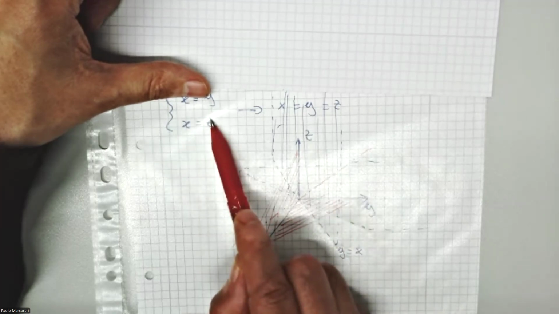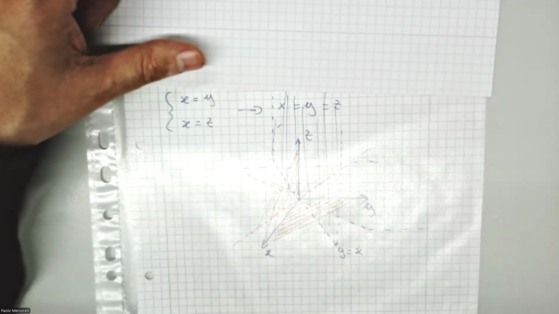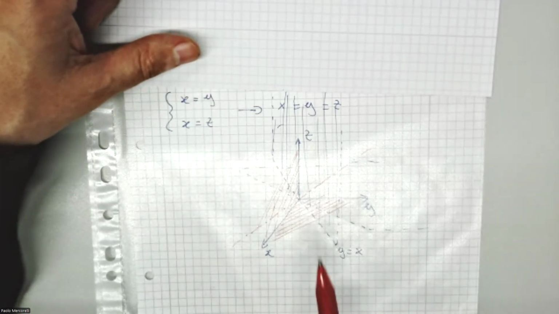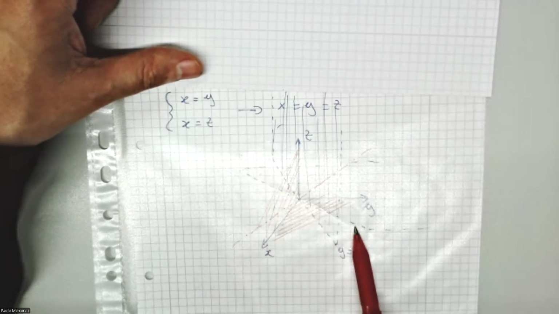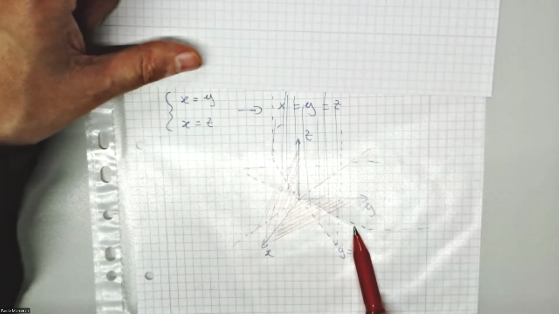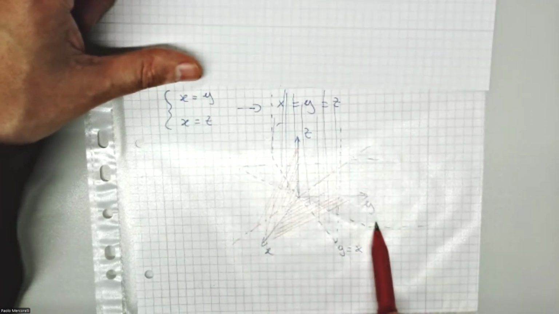As the line, because Y can be also equal to 0. But in the space, this is the trace of the plane, its intersection with the plane XZ. And I don't know if it's visible here.